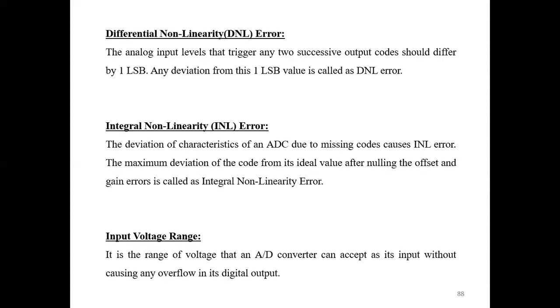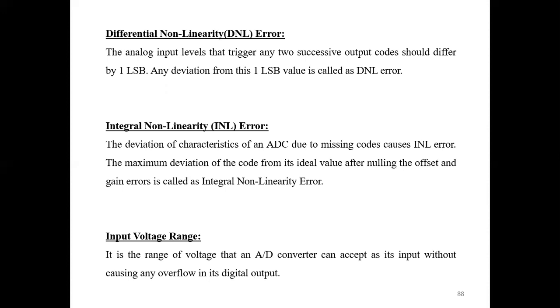Differential nonlinearity error. The analog input levels that trigger any two successive output codes should differ by 1 LSB. Any deviation from this 1 LSB value is called DNL error. The integral nonlinearity error: the deviation of the characteristics of an ADC due to missing codes causes INL.